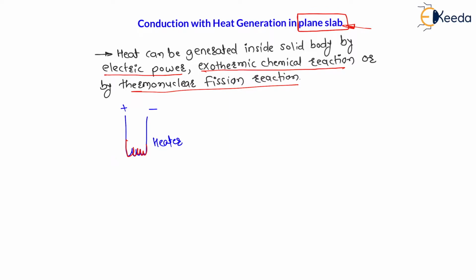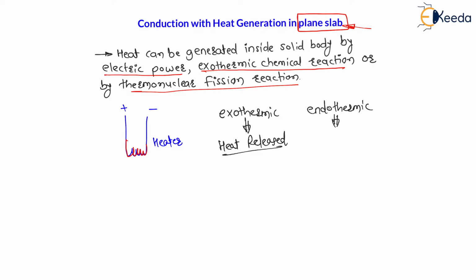Now, my dear students, there are basically two types of chemical reactions: exothermic chemical reaction and endothermic chemical reaction. The exothermic chemical reaction means heat is released to the surrounding. Because of an exothermic chemical reaction, the heat from the fuel is released to the surrounding.